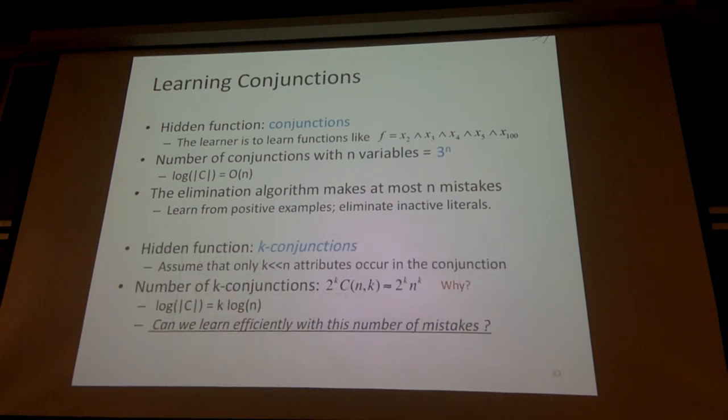Okay, so that's that. Now let's look at another class of functions called k-conjunctions. Imagine that you have n features, a million features. But let's say I give you extra information. I tell you that the true function has exactly k features relevant. I'm not telling you which k features are relevant.